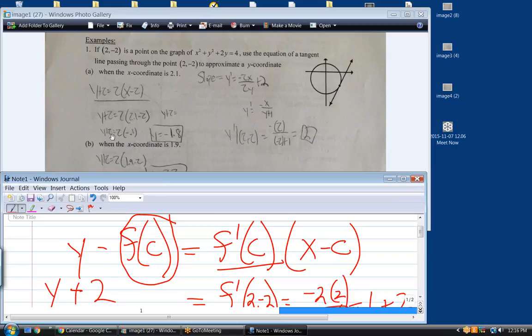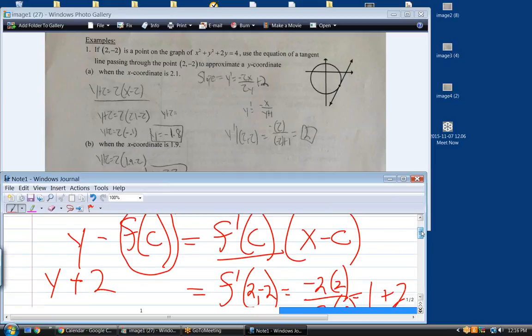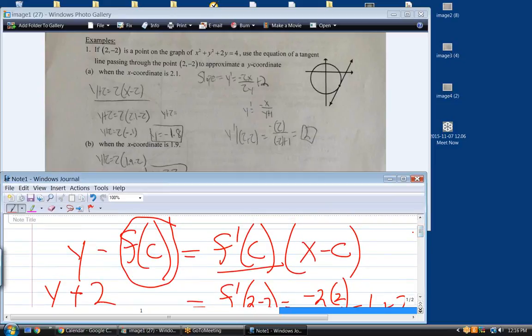Which means y is going, okay, see here, you got it reversed. Or do you? In other words, it's supposed to be x minus c.